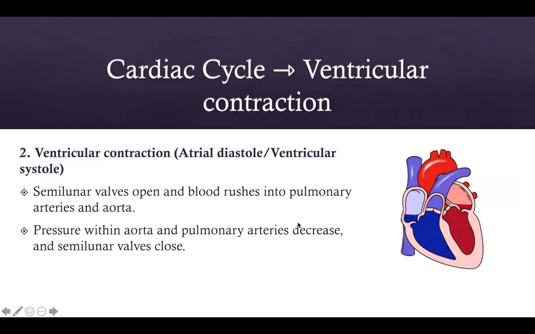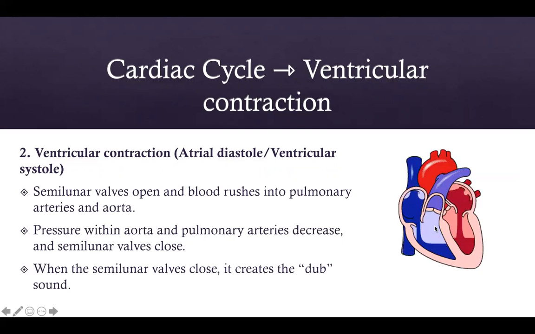And then once that spurt of blood is pushed out through those vessels, the pressure is actually going to decrease in these vessels, and it's going to push your semilunar valves closed. So you see there, it's quite fast. Pushes out, close. And then when those valves close, it creates that dub sound. So keeping the diagram in mind here, we have lub, dub, lub, dub.